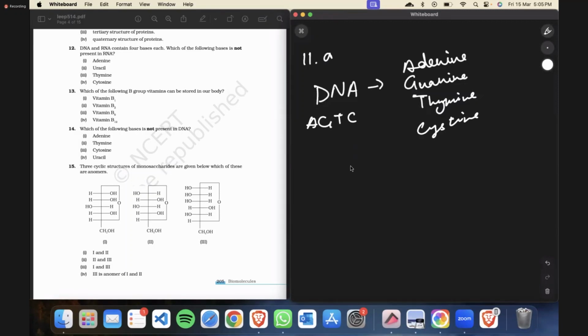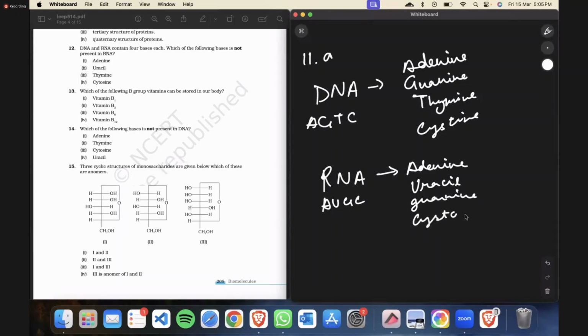Okay. And while RNA, now jump on to RNA. RNA will contain the four bases adenine, uracil, guanine, and cytosine. AUGC. So in RNA we can see that thymine is missing here.